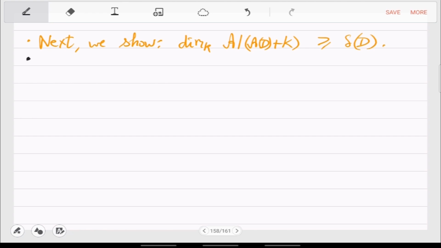LD was the primary object that we had studied, and this is kind of A modulo LD. So it's a dual thing, and we want to show that it's actually an equality. So all we have to show is that it's at least delta D. This will actually be much easier to show.